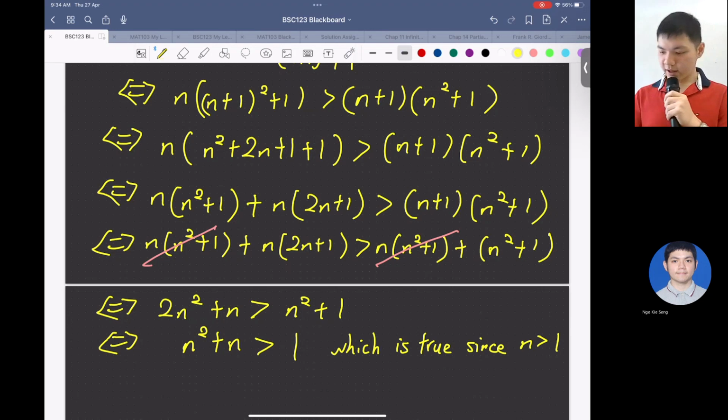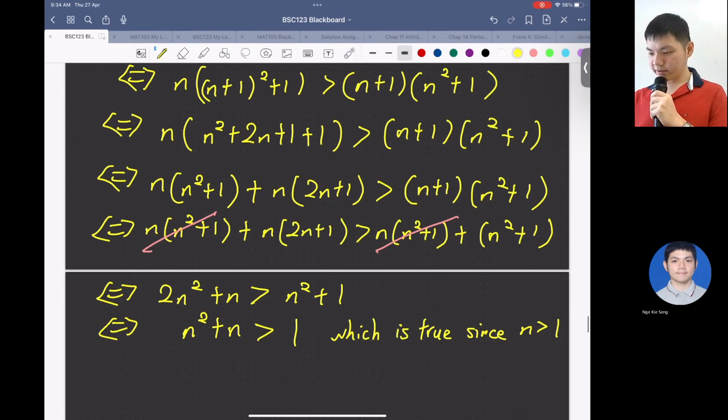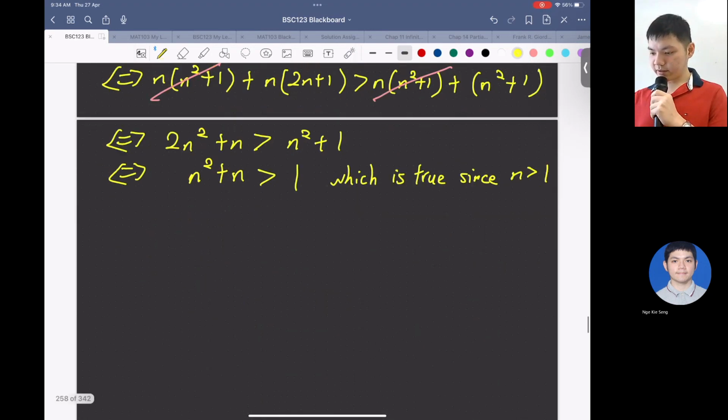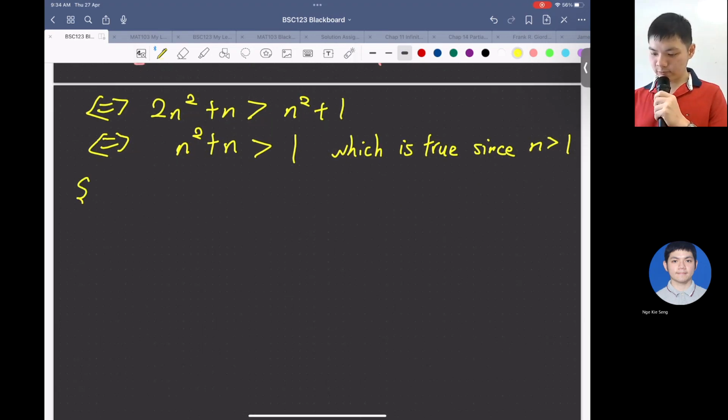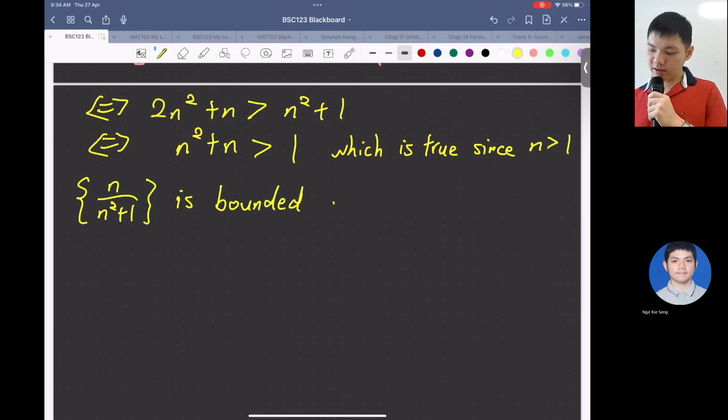Okay, so how about bounded? Is it bounded? Which one is easier to see? Bounded above. Okay, good. So n over n squared plus 1 is bounded above. Why? You need to find me a bound. Let me define this as a_n first.